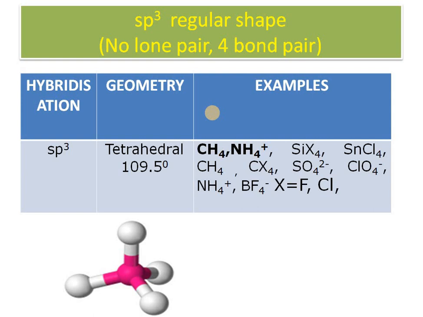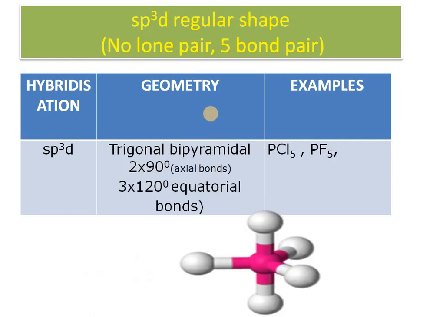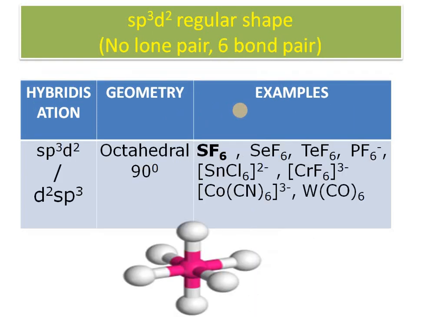And sp3 is a tetrahedral arrangement with 109.5 degree. This is the regular case; I am talking of regular, no lone pairs. If lone pairs are there, the shape will change to pyramidal or bent. So all these changes will take place. And sp3d is trigonal bipyramidal, where the 3 angles are 120 degree in the plane, and 90 degree above and 90 degree below. Examples are PCl5 and PF5.